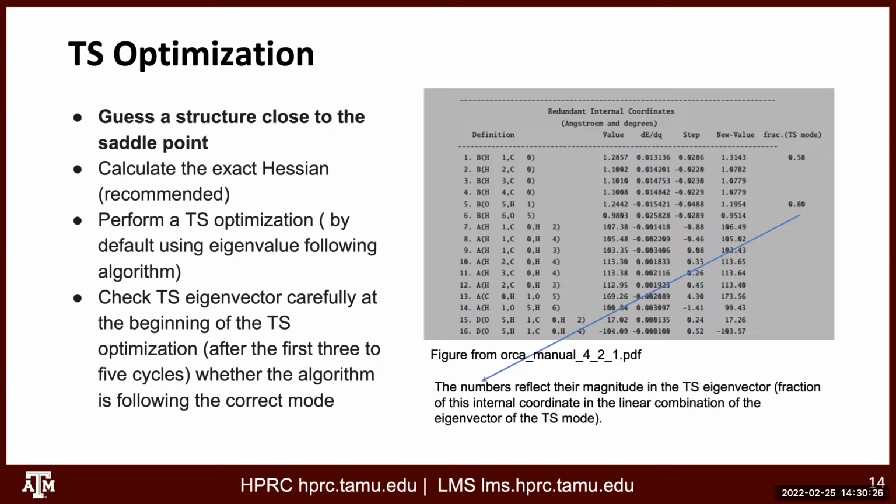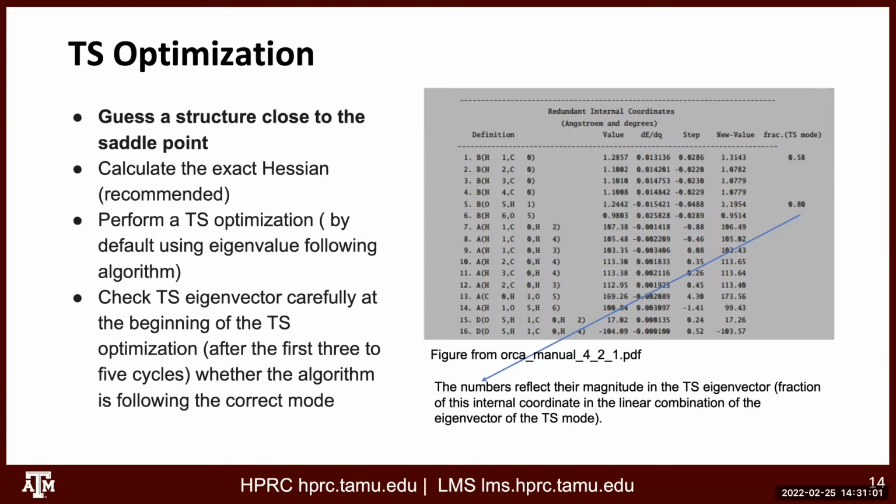And when you choose to calculate the exact Hessian, you would be able to see a part like this in the output file, the redundant internal coordinates. In the last column of the output, you would be able to see something called TS mode. The numbers here reflect the magnitude in the TS eigenvector.